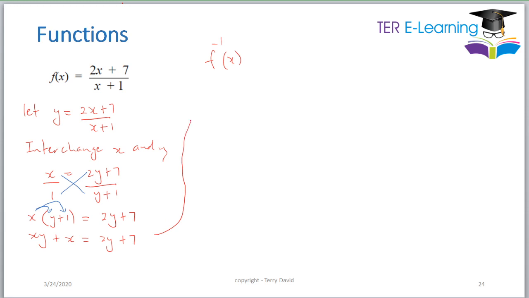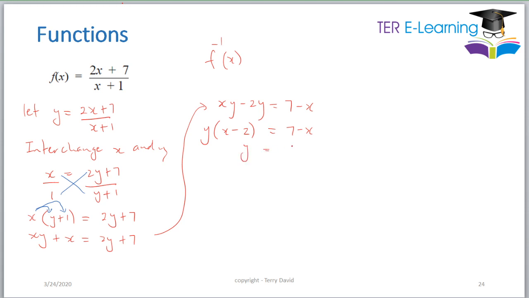Now remember, the objective is to make y the subject of the formula. So therefore, if I do this, xy minus 2y is equal to 7 minus x. You're going to factorize on the left hand side because you have two terms in y. So this becomes y times x minus 2, which is equal to 7 minus x.